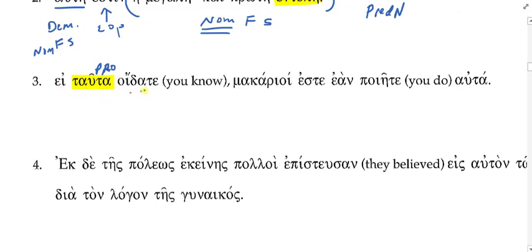What gender is tauta? Neuter. Good. And what number is it? Plural. Good. And what case do you think this might be? Got that alpha there? Okay, so nominative or accusative, plural neuter.